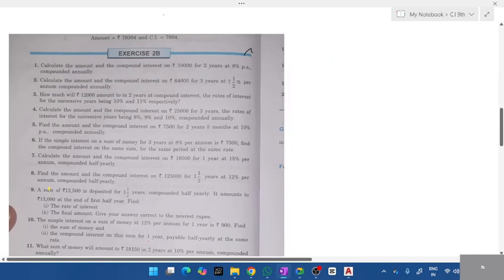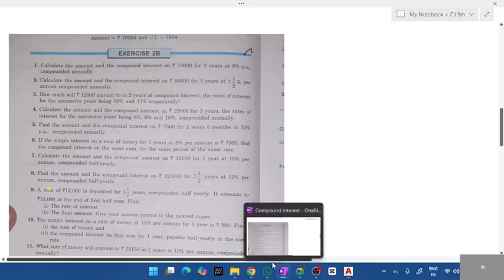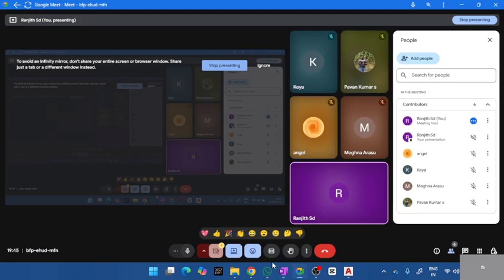Okay, we'll start solving. How many questions did we solve? Check your notes. Bhargavi, Kia, Angel. How many questions did we solve, students?